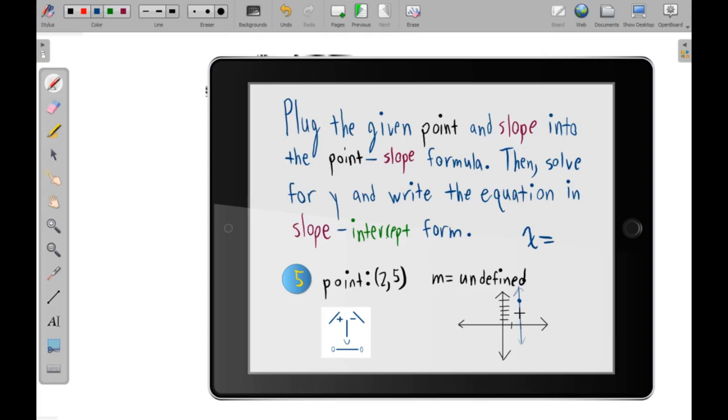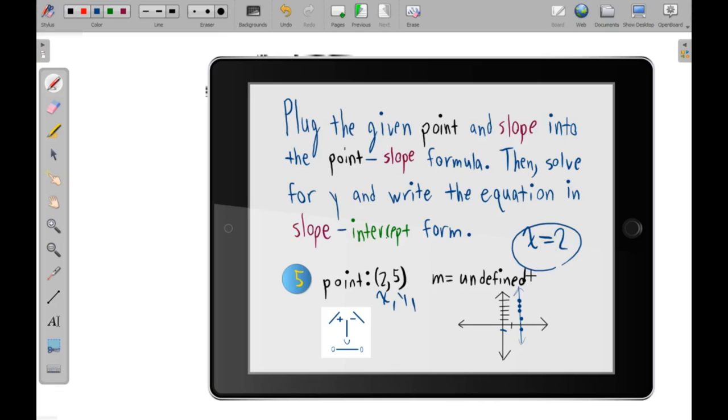But we also have a point here at 2, 4, and at 2, 3, 2, 1, 2, negative 1. So no matter where we go on this line, it's going to be 2 something. Our x term is 2 forever. So 2 is the answer.